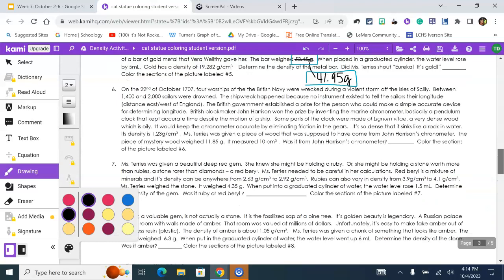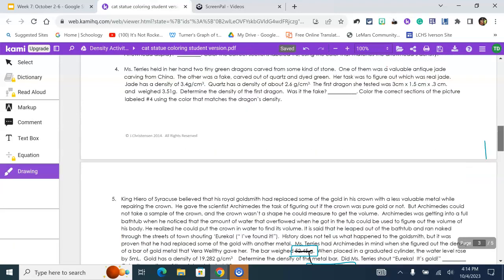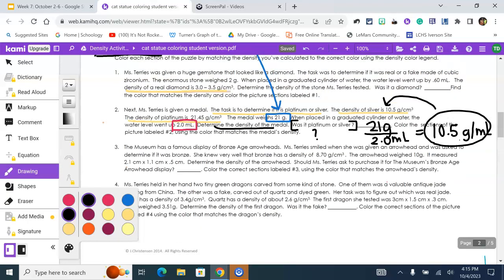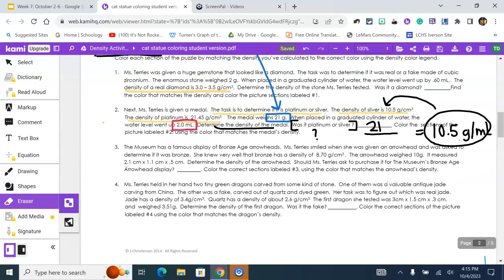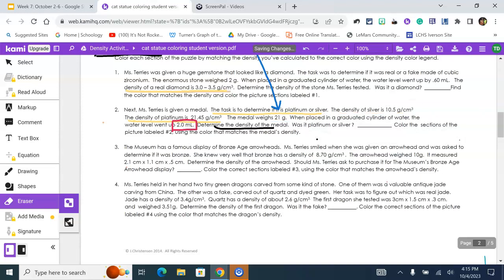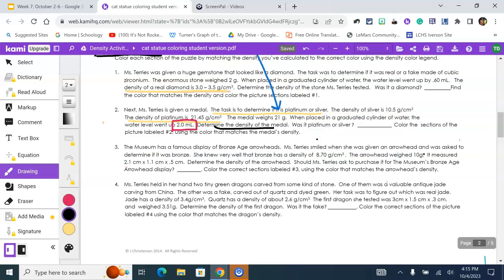So I'm going to leave you to do the rest of these. There are a couple things I want you to change. In question number 3, for some reason, my answer key has different numbers than your printed copy. So if you would, change 10 to 9.13 grams. That should be blue.